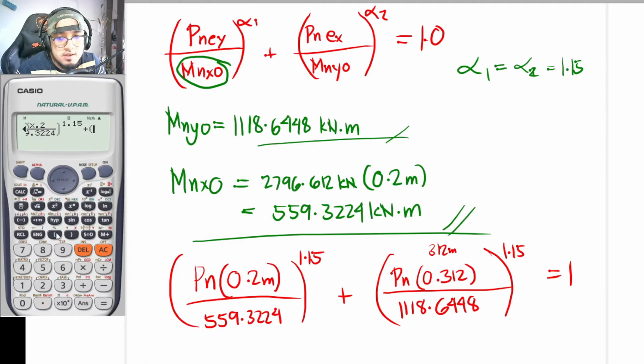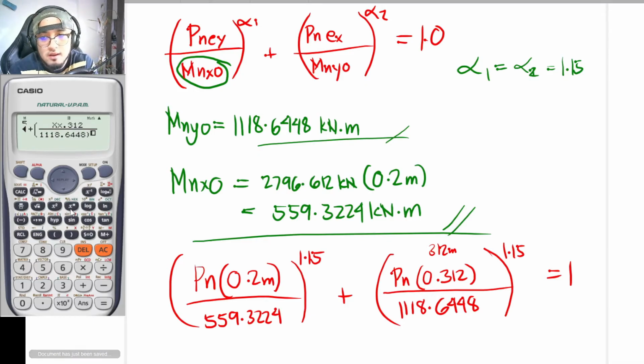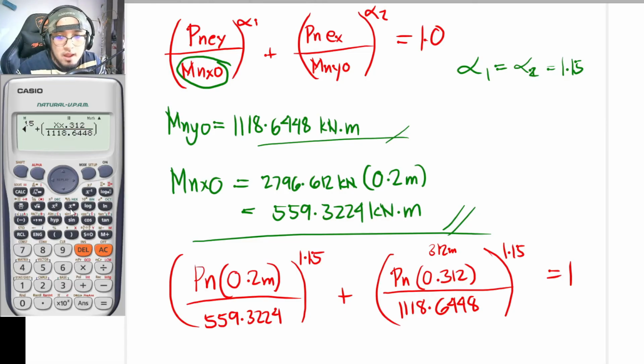So plus alpha x times 0.312 divided by 1118.6448 raised to, oops, sorry, wrong. Raised to 1.15, and this is equal to 1. So, I will shift solve.